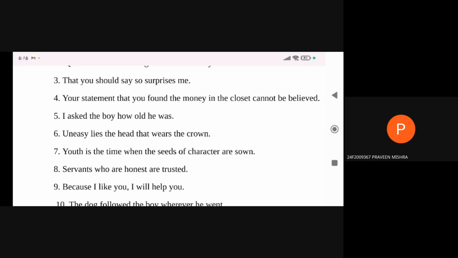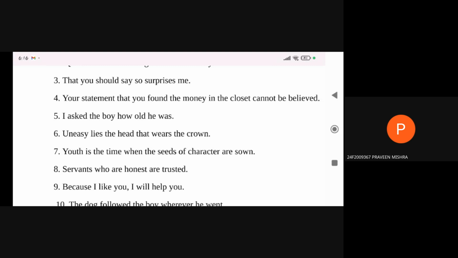See if it is modifying something, see if it is standing in place of something, see if it is talking about how or at what time or at what place something has happened. If this is the description you get, then it's an adverb. If it is qualifying the noun, then adjective. If it is standing in the place of a noun or a pronoun, then noun clause. That's the basic simple analysis, but practice it so that you have a grip on that.